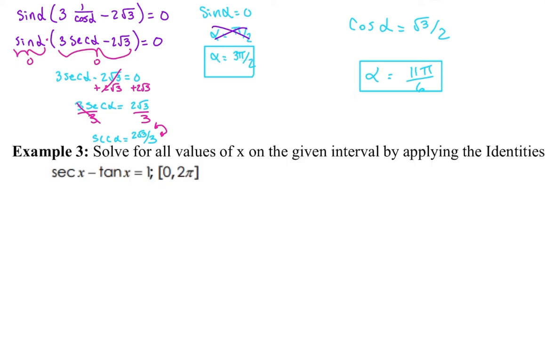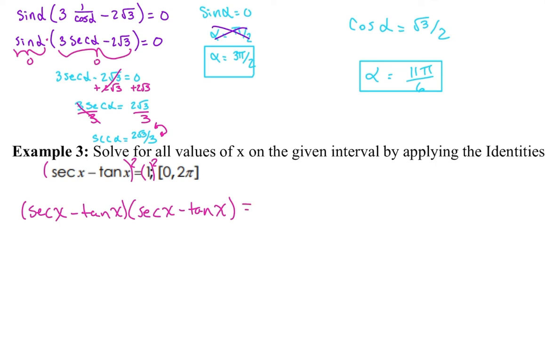I think what's going to be useful for this one is that we square both sides, right? If I take this side and square it, that's okay as long as I take this side and square it. So on the left side, we end up with secant x minus tangent x multiplied by secant x minus tangent x. Remember, you can't just go, oh, I'm going to square both of them and put secant squared minus tangent squared.